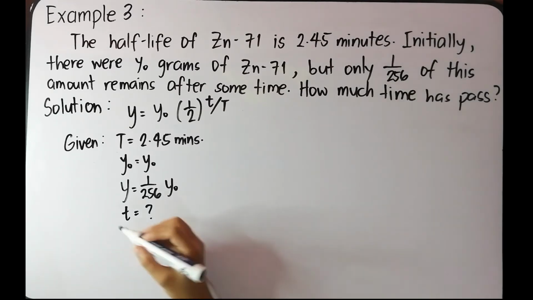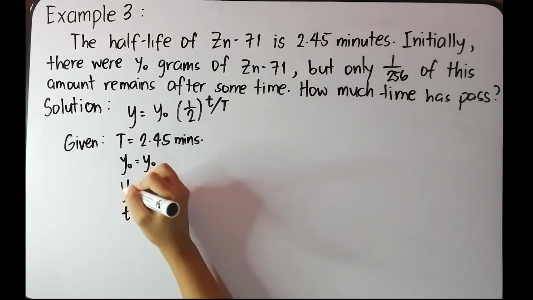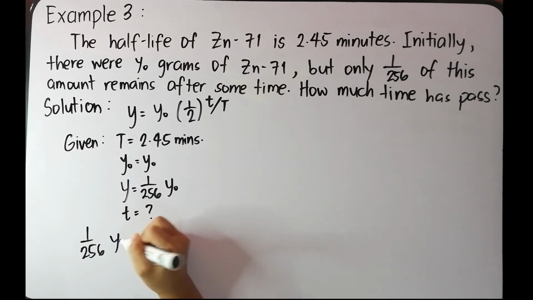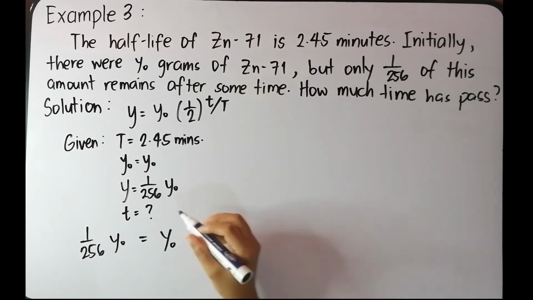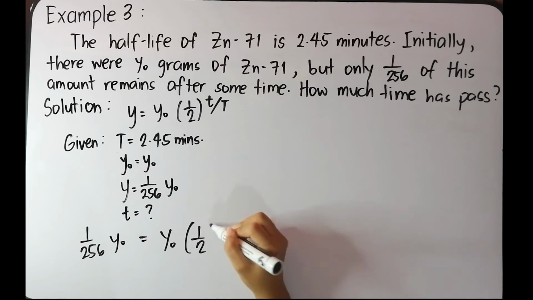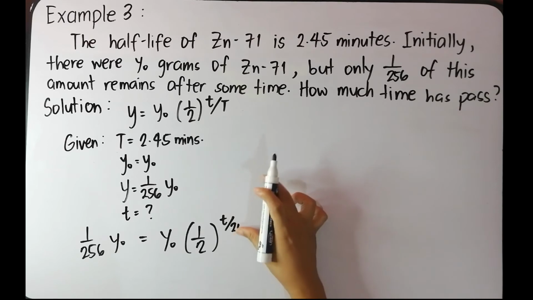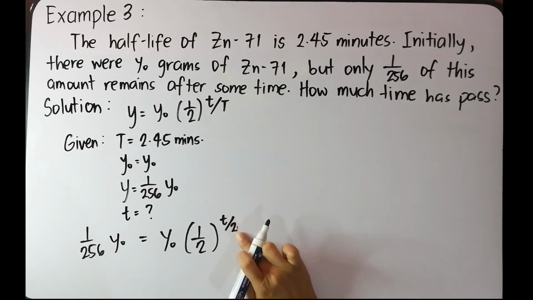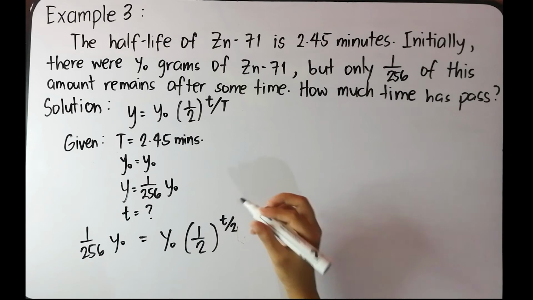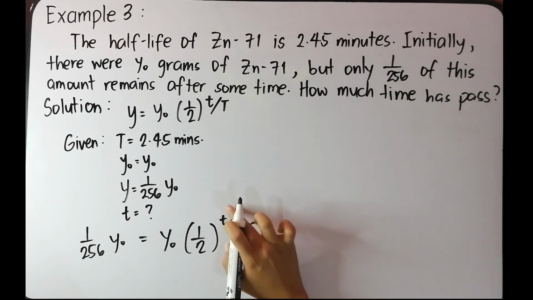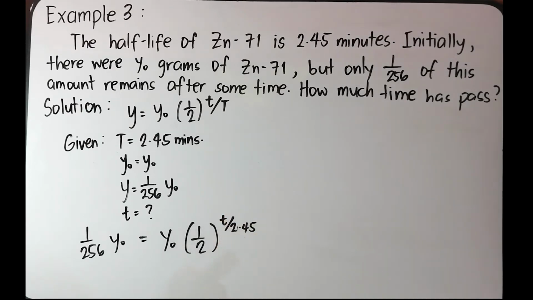So we have y, which is 1 over 256 y sub 0 equals y sub 0 times 1/2, and we have time over 2.45 minutes. So our unit for the time is minutes. So the time that we're looking for is also in units of minutes.